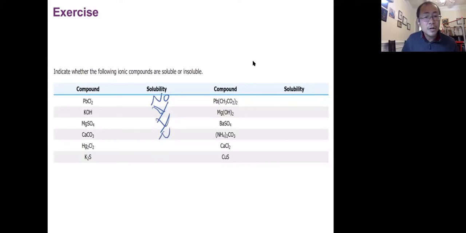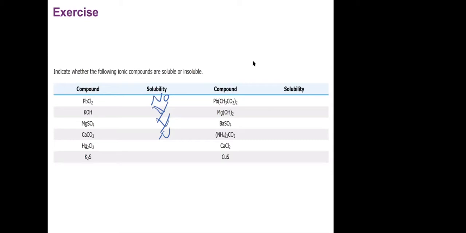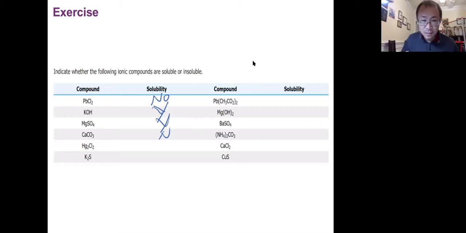Next, mercury 1 chloride. Yes? Unfortunately, the answer is no. Chlorides are generally soluble, but mercury is an exception. So no, not soluble.